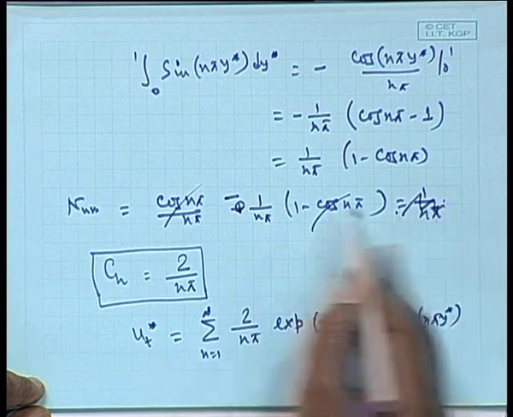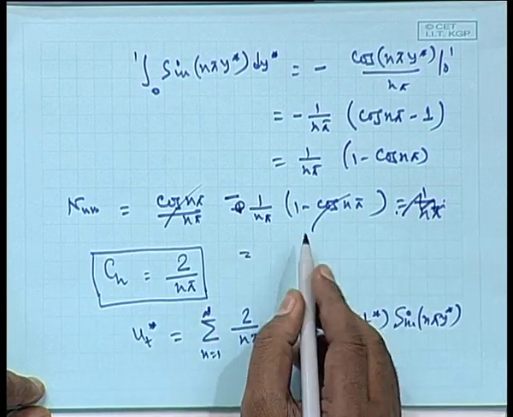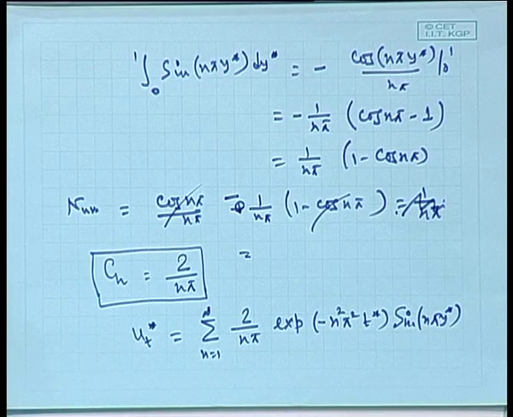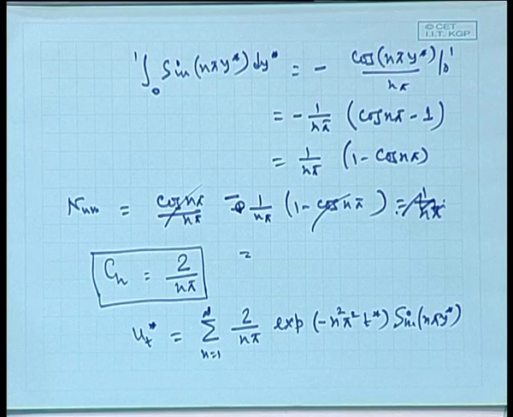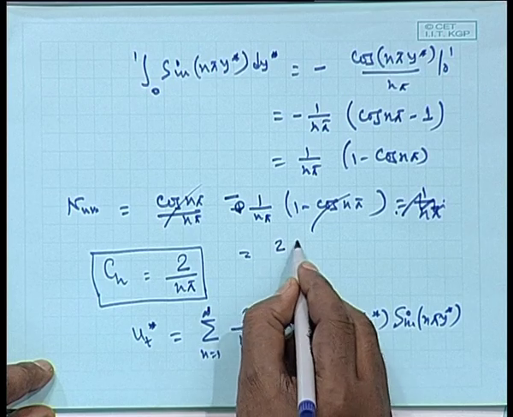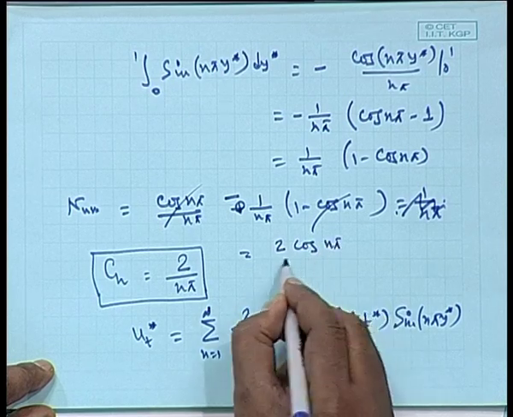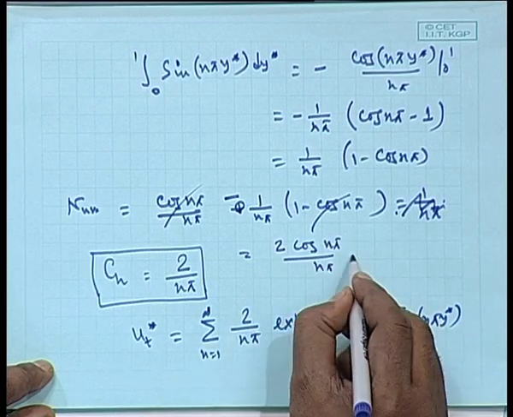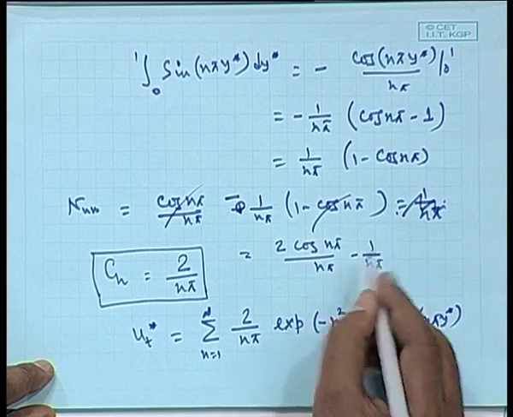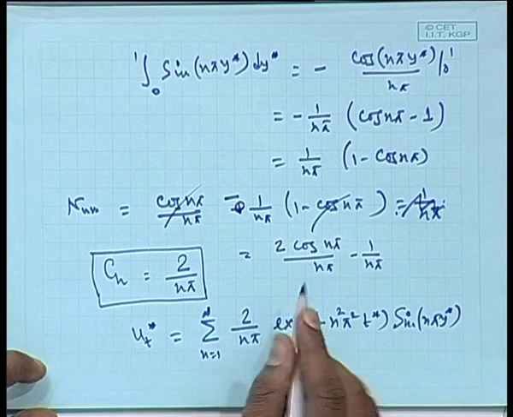So, in that case what will it be? No, it will not be minus. The y star minus 1 is y star minus 1 into sin n pi y star. Okay. So, it will be twice cosine n pi by n pi minus 1 by n pi. Is it correct? So, fine, no problem.